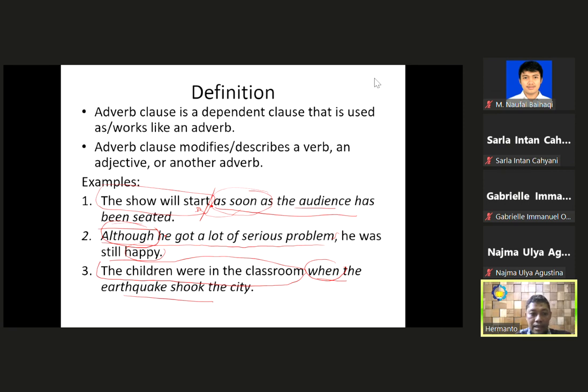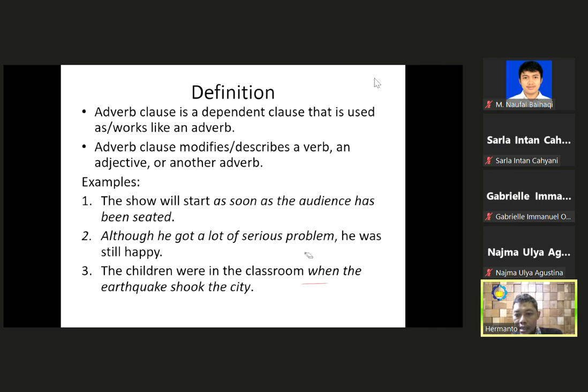There is a main clause and an adverb clause, and every adverb clause starts with a subordinate conjunction. For example, as soon as, although, when, in this example. All right, next, another thing you have to remember about adverb clauses is the order of the main clause and subclause.